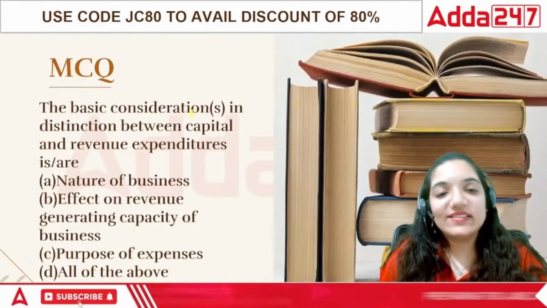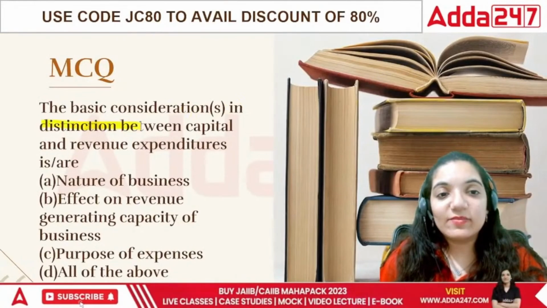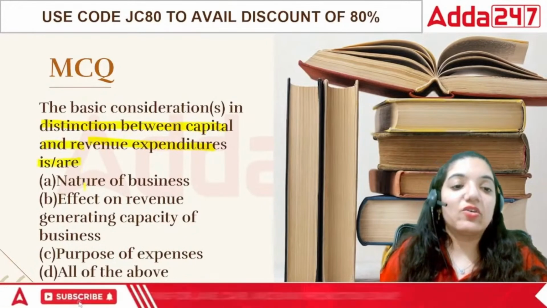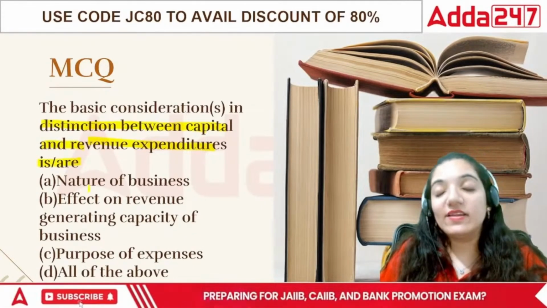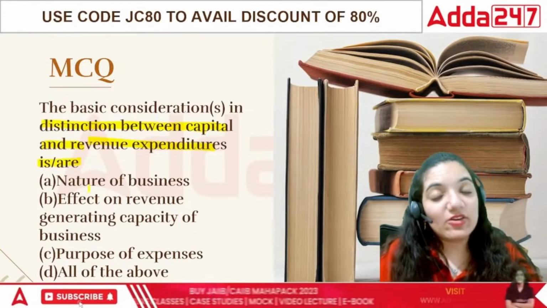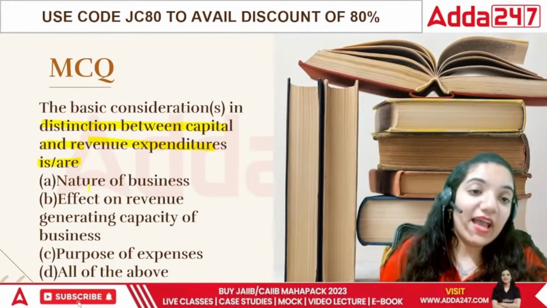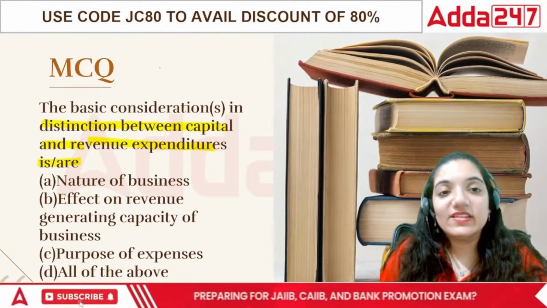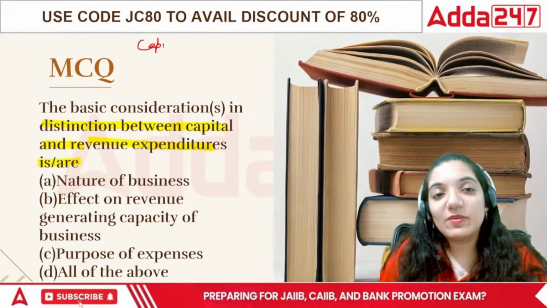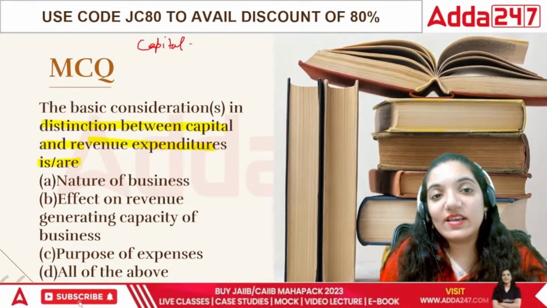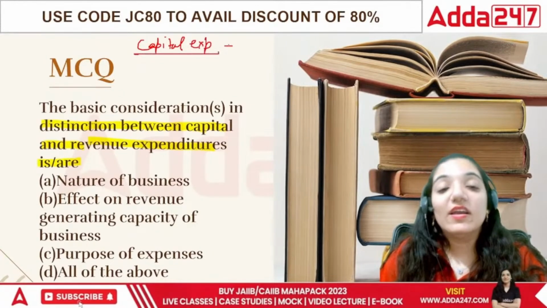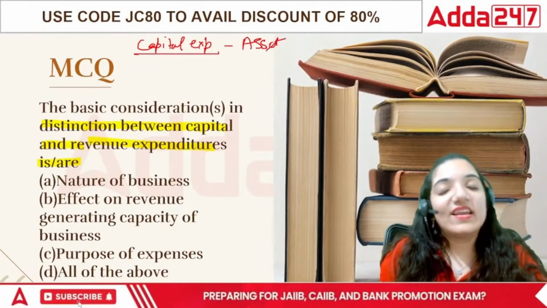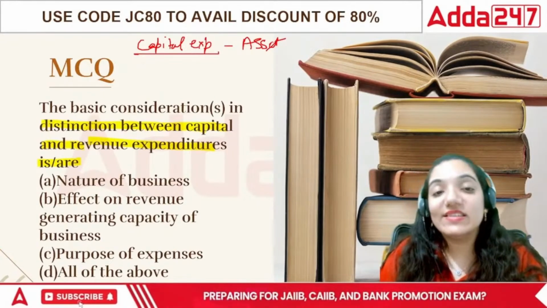The basic considerations in distinguishing between capital and revenue expenditures is or are. See, there's a thin line of difference between capital and revenue expenditures. What are the different areas? In terms of capital expenditure, we can state it is the expenditure that we incur in order to purchase an asset, and when we sell an asset, it's called a capital receipt.